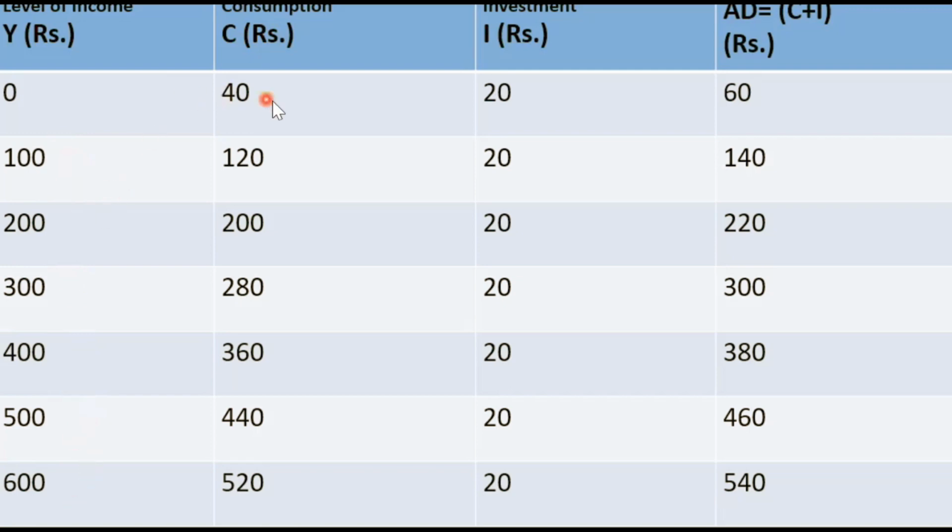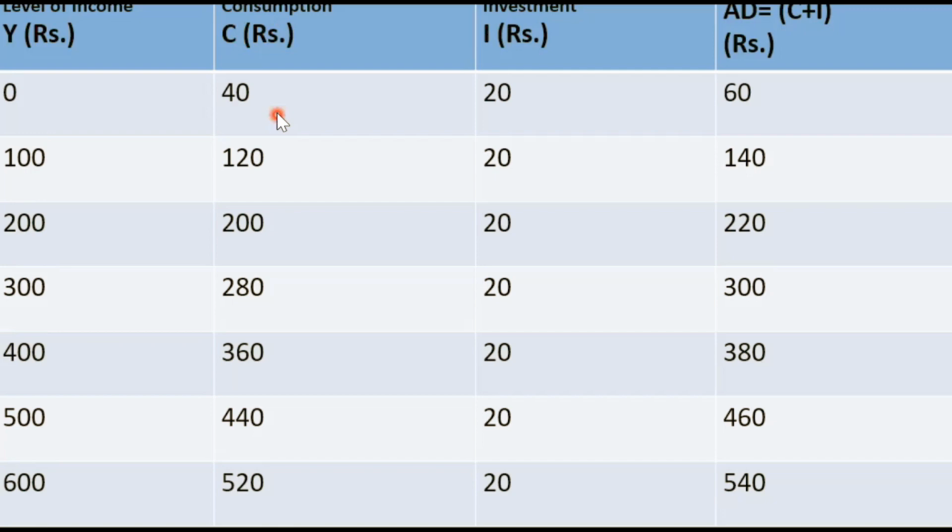Now come to the second one, which is consumption. You can see in the first row, we are having 40 when income is 0. So what does it mean? It means that even at 0 level of income, consumption exists, which is 40 in this schedule.